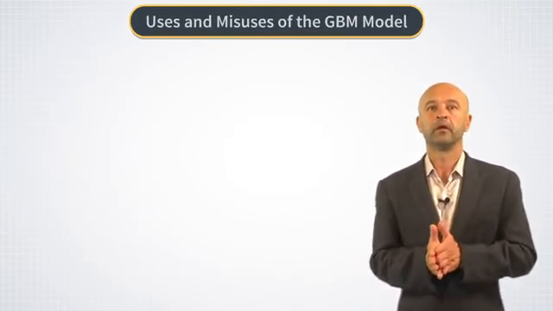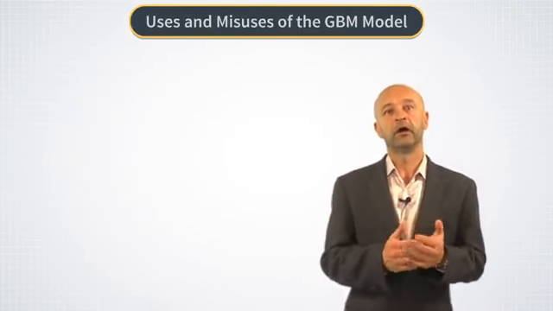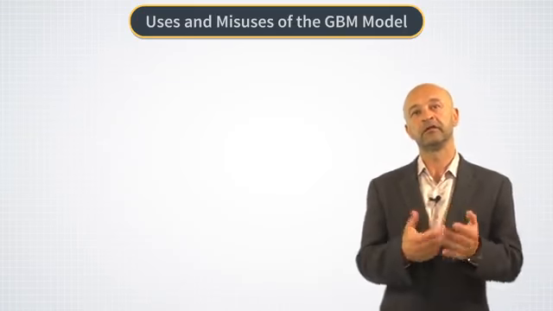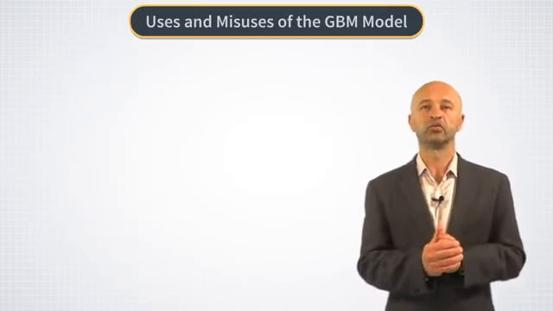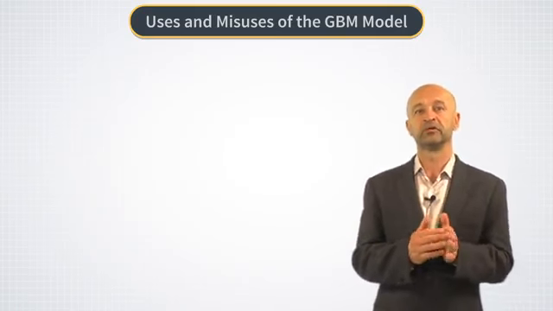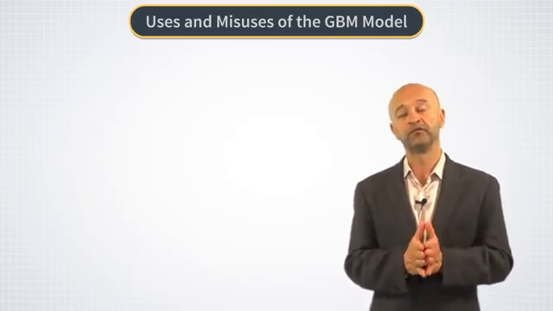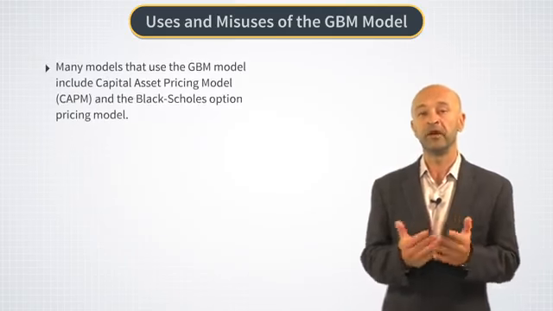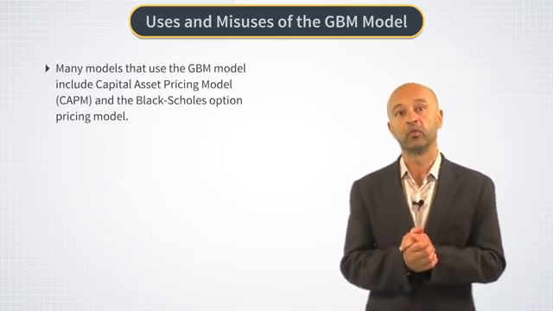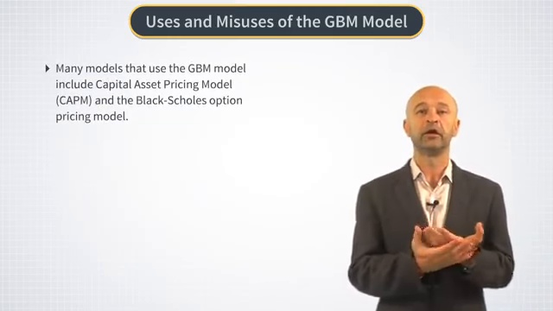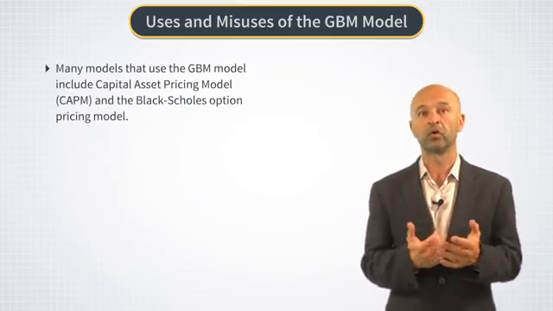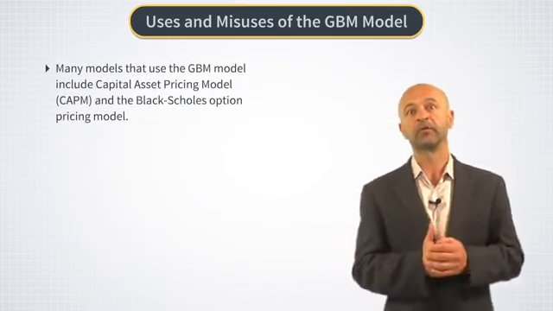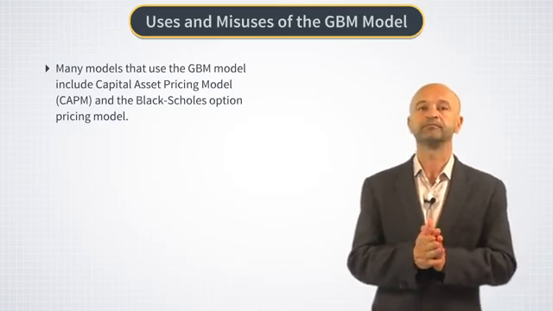Now, either in a continuous-time formulation or the discrete-time version, the GBM model is one of the most popular models in finance. It's used in many financial models. Most famous ones include the capital asset pricing model, or CAPM, of William Sharpe, and the Black-Scholes model.